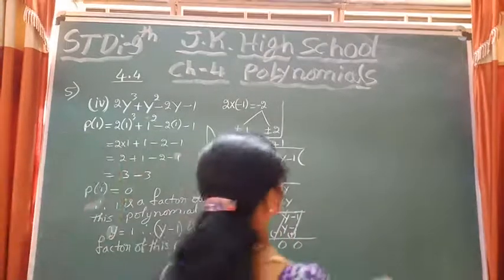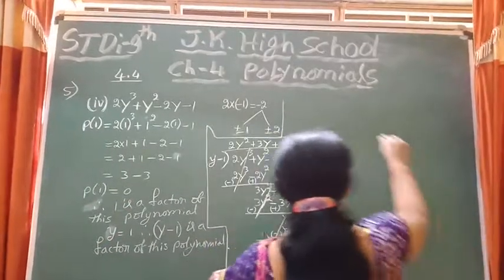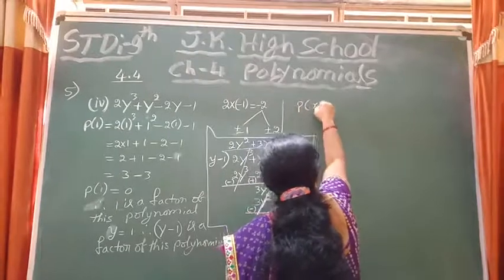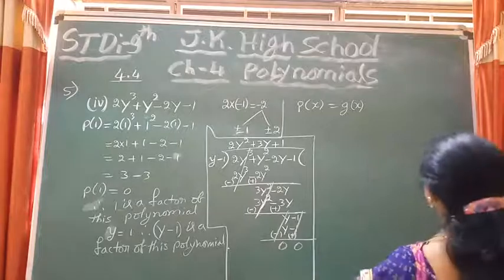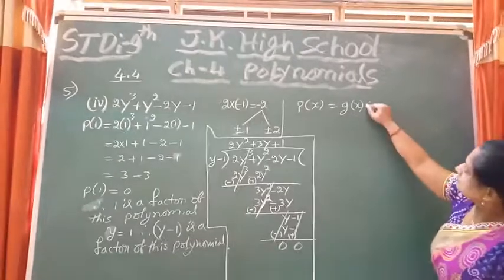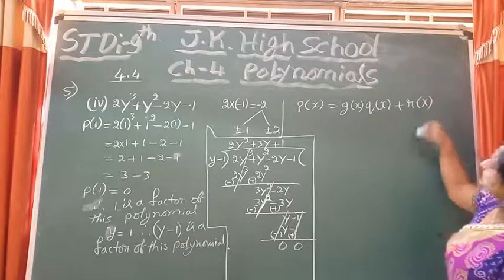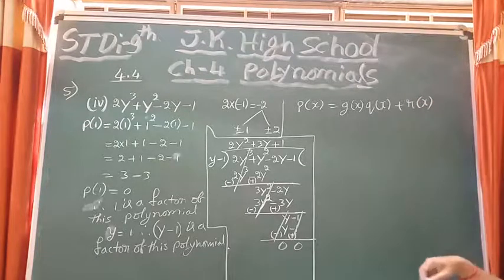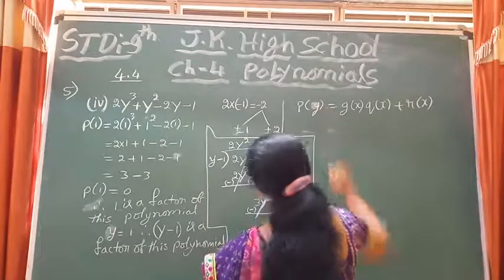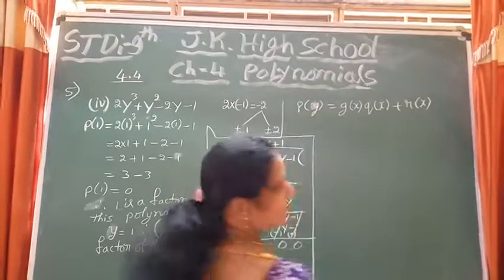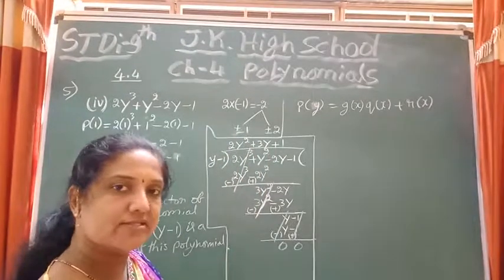Then you know, according to the division algorithm, I can write it in this manner. P of x is equal to g of x into q of x plus r of x. The polynomial has variable y here, so P of y we can write here. Because the variable used here is y, we can write P of y. If they have used x, you can write P of x.